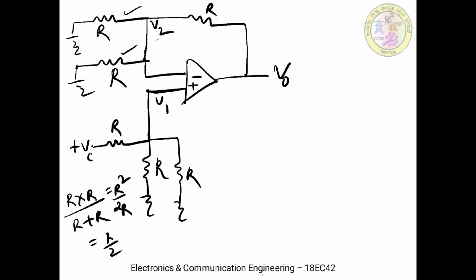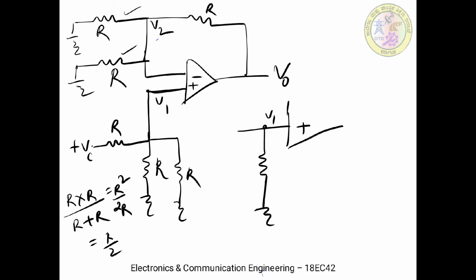So therefore now we can draw that at plus terminal, that is here at V1, we have VC input through R, and here we have the resistor R by 2, effective resistor R by 2.